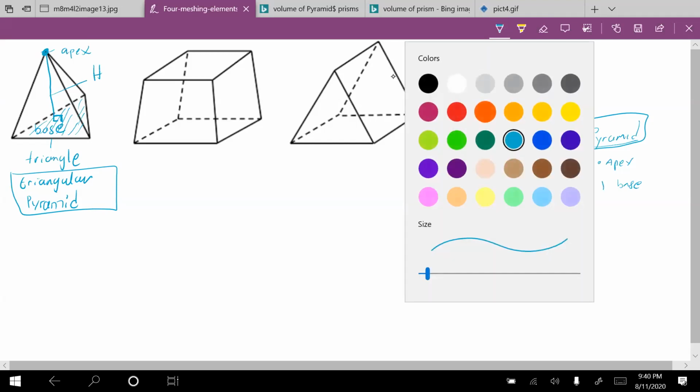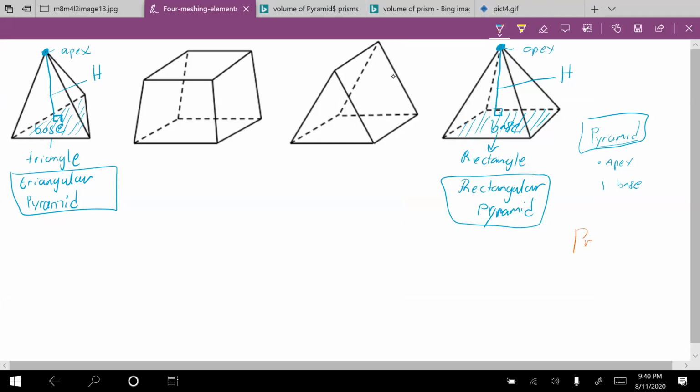Okay, let's go to prisms. Prisms have two bases. The bases have the same shape and the same size. These bases do not touch each other.